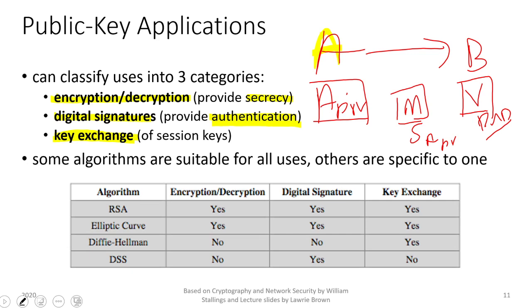Both parties are now using the same key. No two keys, no public key there, but the public key was mainly used for the key exchange part. So this is again another scenario that we can use public keys.